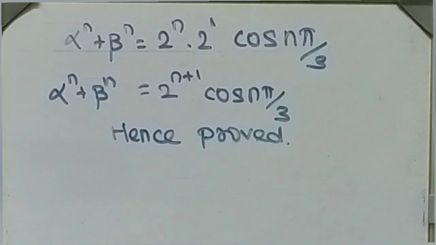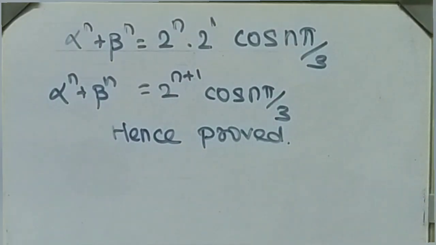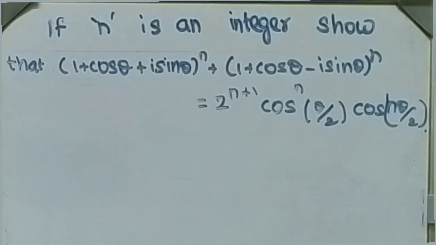Shall we move to the next sum? Yes, of course. So in the next sum, if n is an integer, show that 1 plus cos theta plus i sin theta power n plus 1 plus cos theta minus i sin theta power n equals 2 power n plus 1 multiplied by cos power n theta by 2 multiplied by cos n theta by 2.